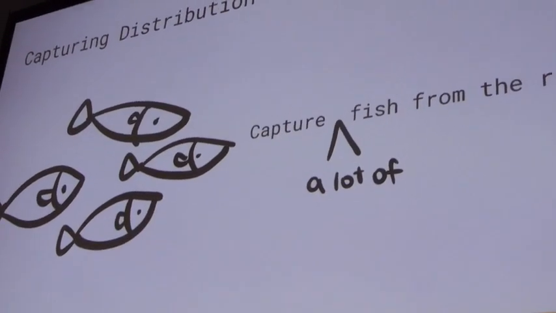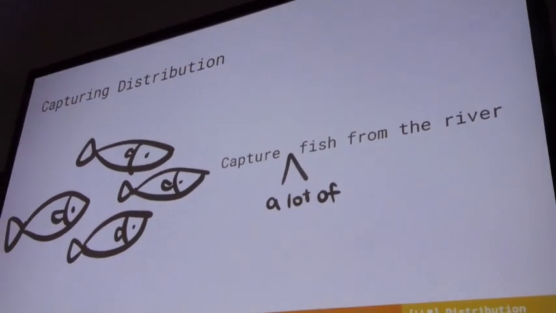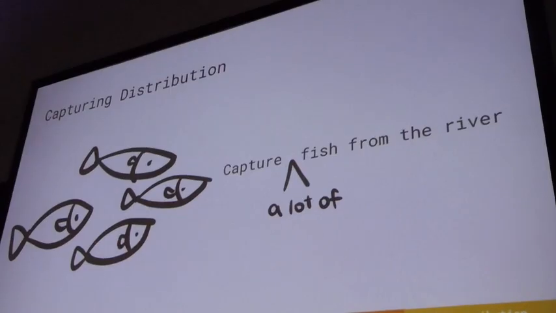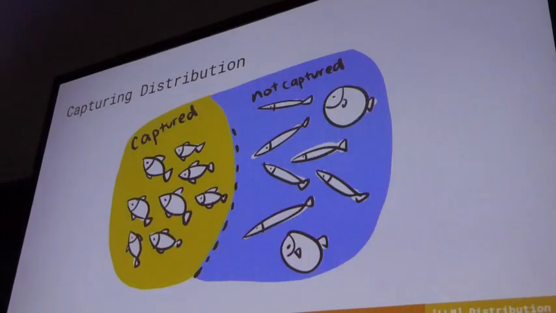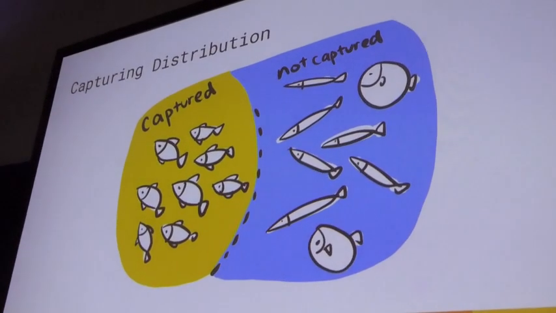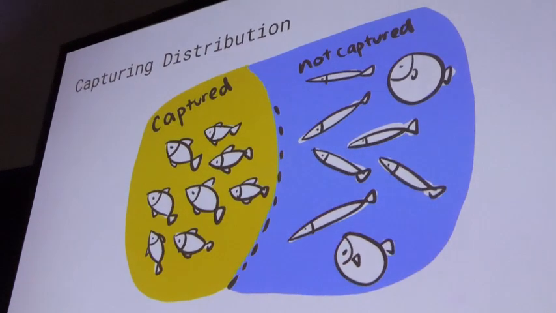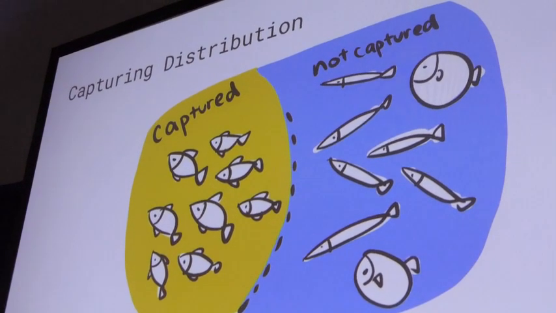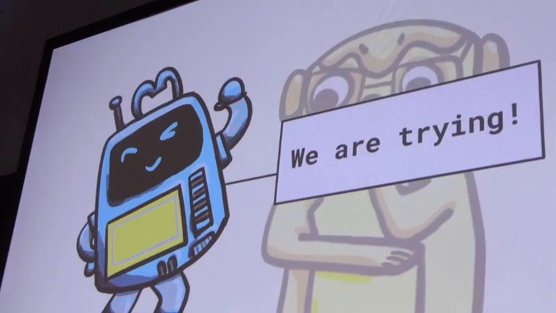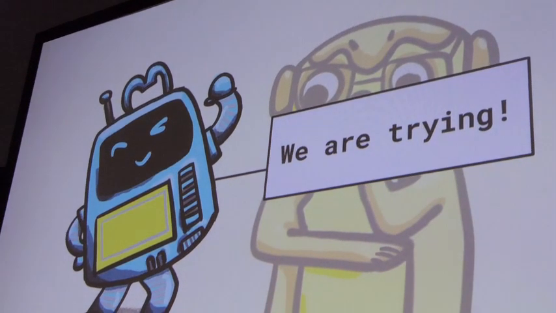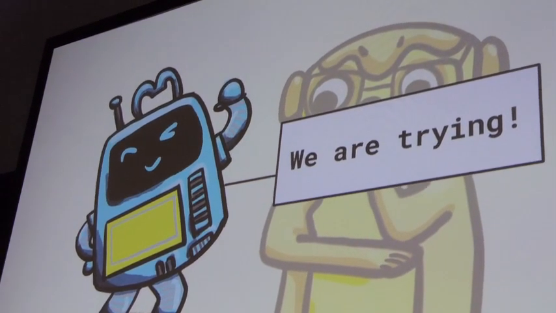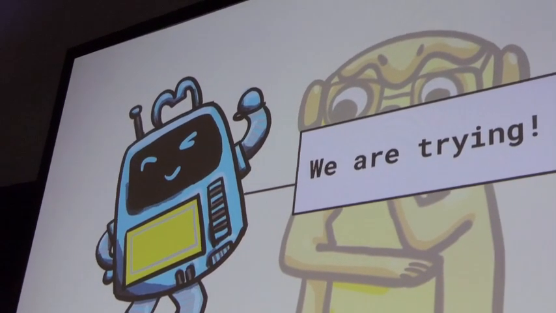We can try to capture as many fish as we possibly could from the river and learn from the captured samples. But we will never know if we have enough samples to cover the representative features of the distribution. So the answer is, we definitely try to collect as many data samples as possible, but it's a very difficult task.